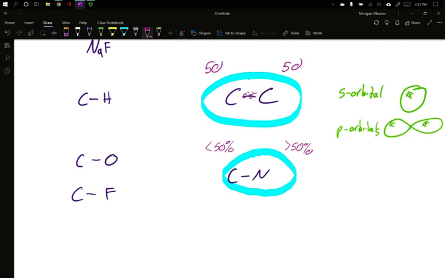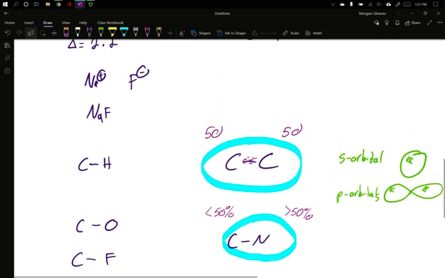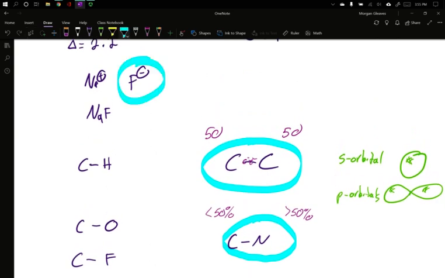Think back to the sodium and the fluorine. If you completely transfer an electron, if you go all the way 100 on one side and 0 on the other, so go look back up here at our sodium and our fluoride, we've moved that electron 100% onto the fluorine and 0% on the sodium. That left sodium with a full positive and fluorine with a full negative.